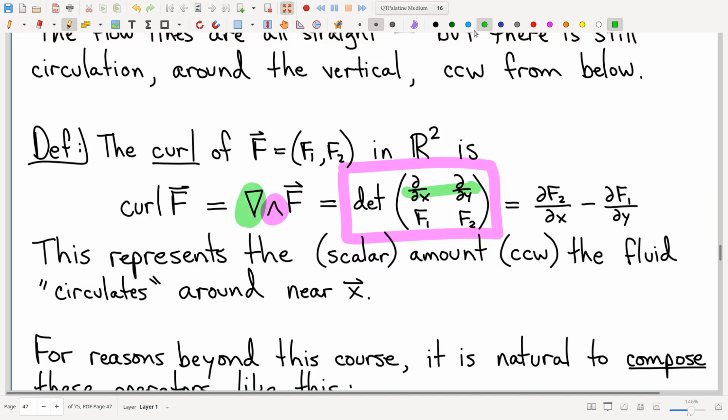Del wedge F, and that's what a wedge product is. Okay, so it's a very similar idea. Again, it represents how the fluid is circulating. Again, I haven't told you what that means quite yet. Again, the best way to think about it is imagine something floating in that fluid, and how does it rotate, and which way. Okay. Everybody okay?